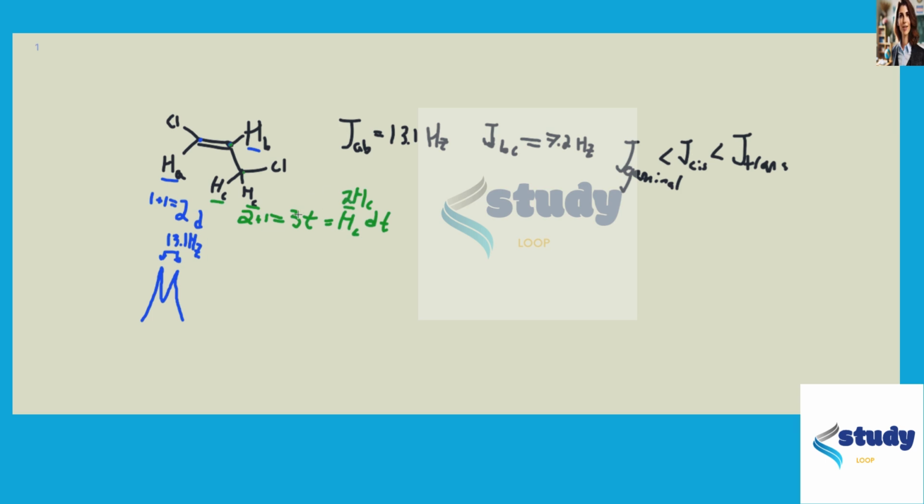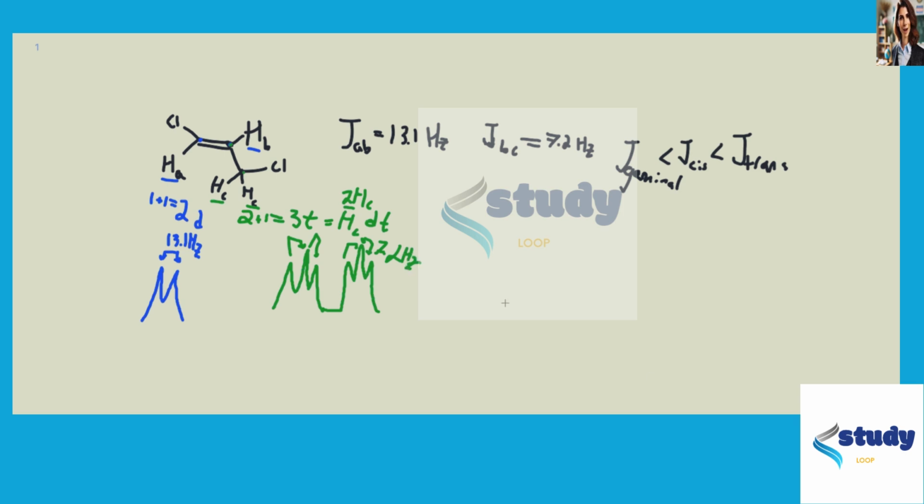So how this would look is something like this. One of these protons will look like this, and a little downfield or upfield, we have another one for the other proton. The distance between each of these peaks is going to be 7.2 hertz.